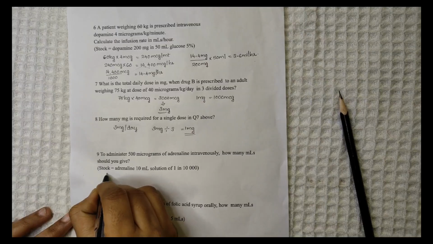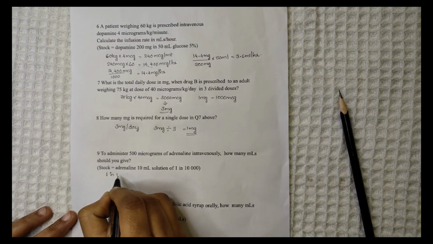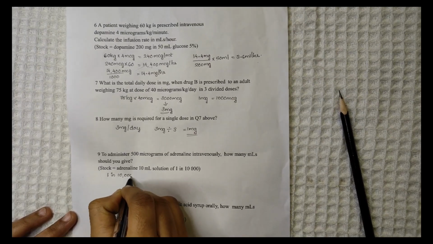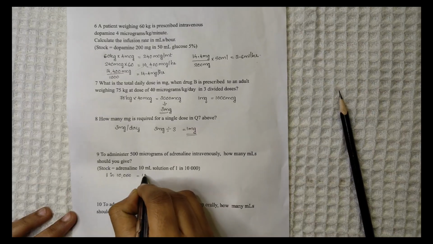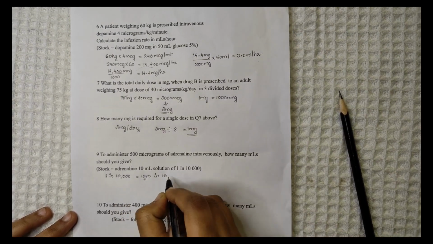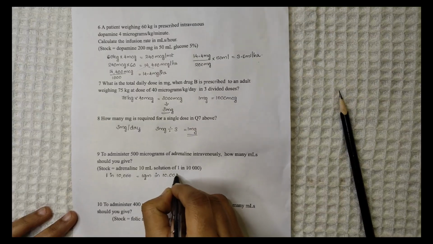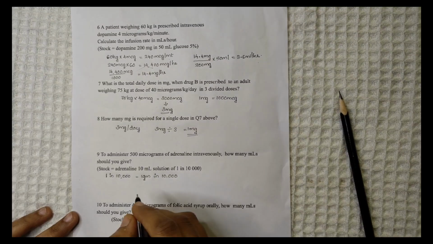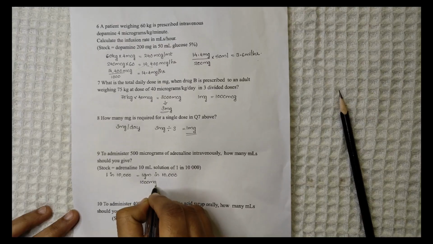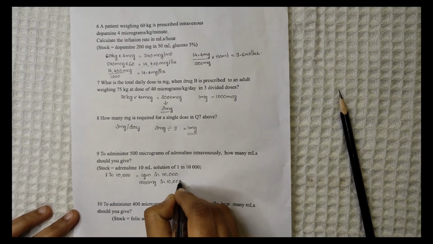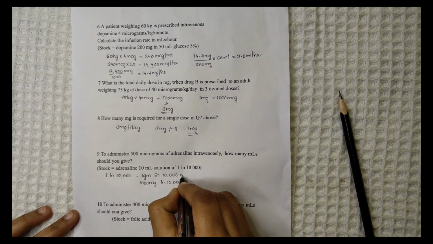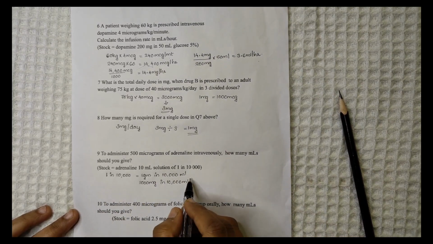First we need to see what 1 in 10,000 means. That means 1 gram in 10,000 ml.